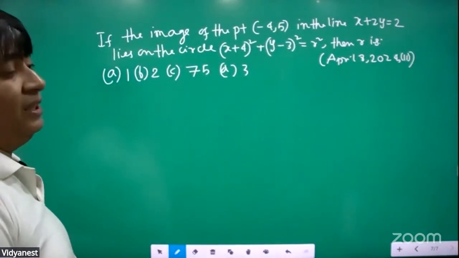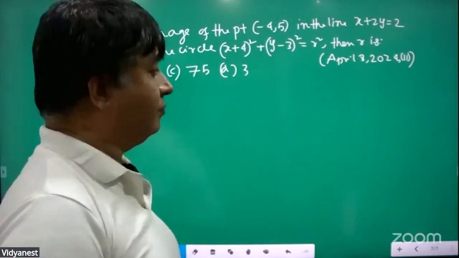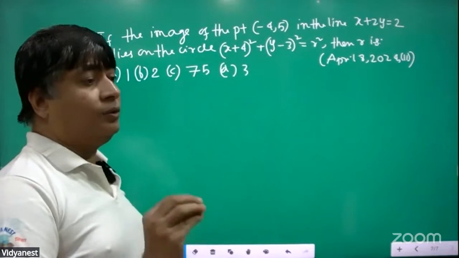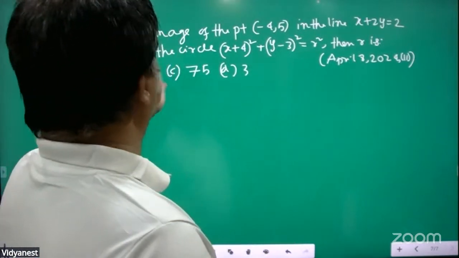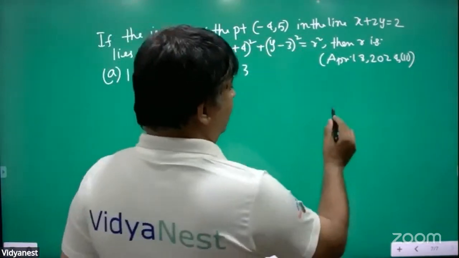First of all, image. If you see the video of straight line, there I had described one formula which gives you the idea of a shortcut method of finding the image of a point with respect to a line.